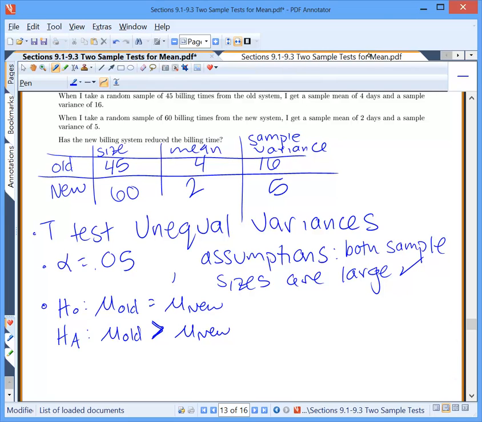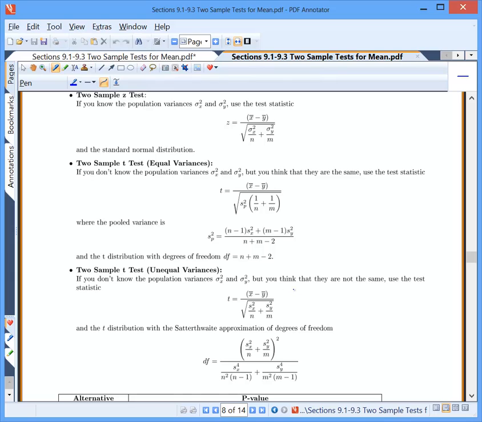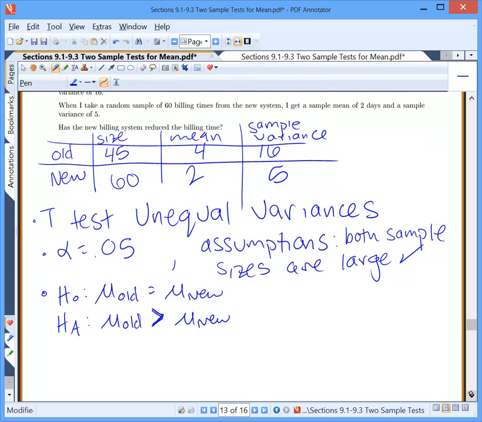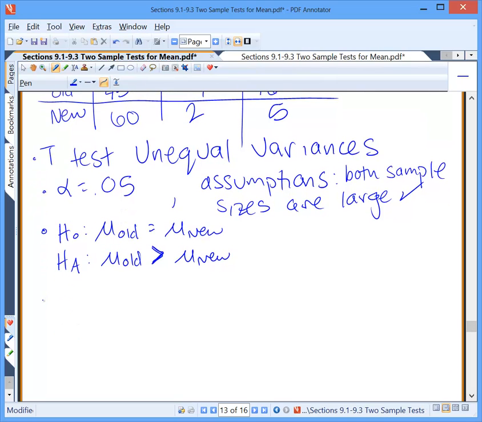Next step is the test statistic. Coming back to our formula sheet, we're going to use this test statistic, but unfortunately that also means we have to use this long formula for degrees of freedom. So our test statistic is x bar minus y bar over the square root of the first sample variance over its sample size plus the second sample variance over its sample size.